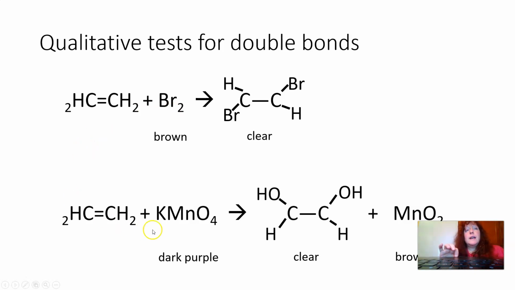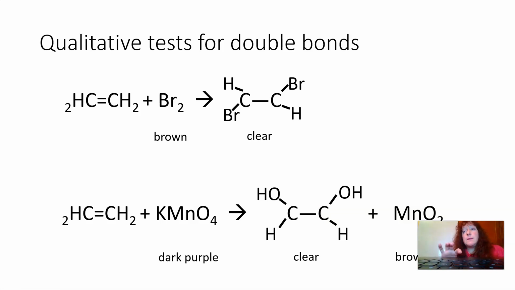The other one is putting in potassium permanganate. It is a deep dark purple, like a very dark purple Kool-Aid. And in a similar way, when you drip that in, the product that it forms with a double bonded organic compound is going to come out clear.